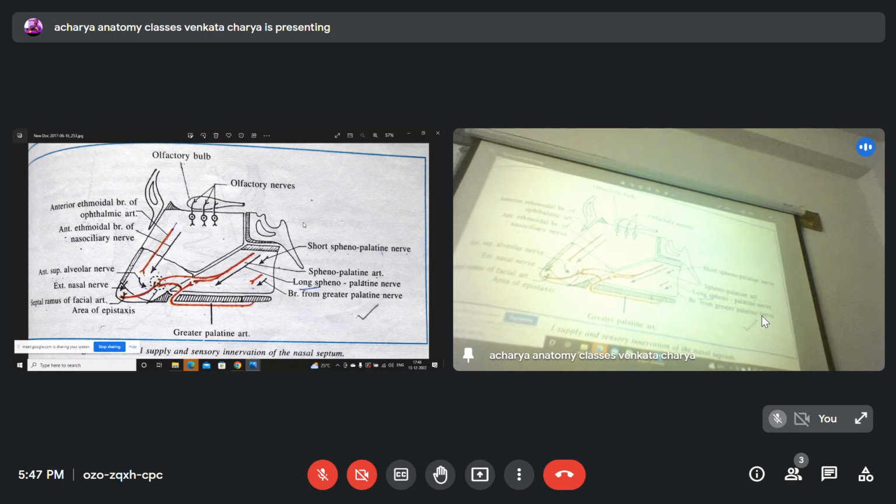Next, sphenopalatine artery. Next, long sphenopalatine nerve, short sphenopalatine nerve, greater palatine artery.